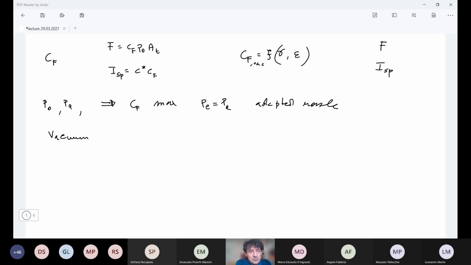So we can note for the vacuum operation that increasing P0, so working at higher P0, means that we can achieve the same expansion ratio in a smaller volume, and this can be interesting for applications, because in an upper stage you do not have infinite room available, you have a limited space that you can occupy.